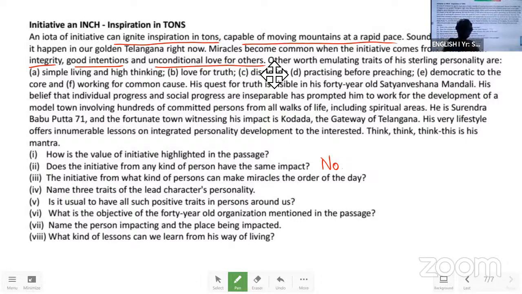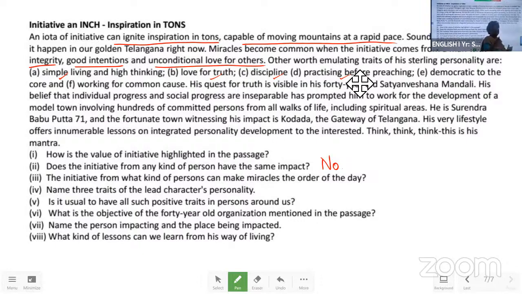Name 3 traits of the lead character's personality. They are 6: simple living and high thinking, love for truth, discipline, practicing before preaching. Many people preach, do this, do that, be good, be honest and everything, but they don't practice.